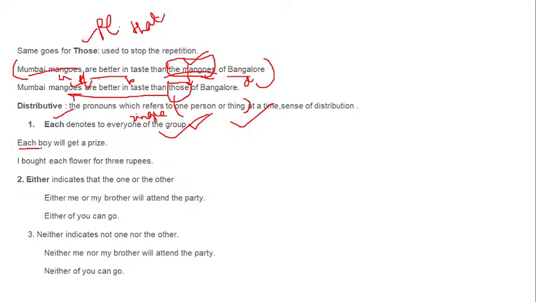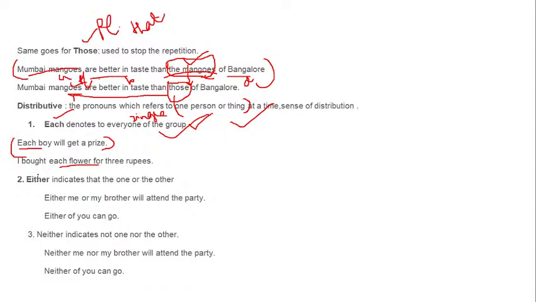That means: Each boy will get a prize. I bought each flower for 3 rupees. Each boy will get a prize means every single boy will get a prize. I have bought each flower for 3 rupees means I have bought each single flower for 3 rupees. "Each" is used to denote every single entity of the group, every single person in the group.